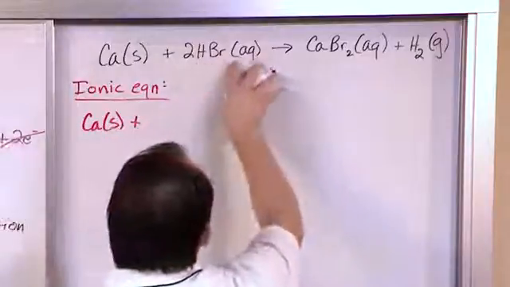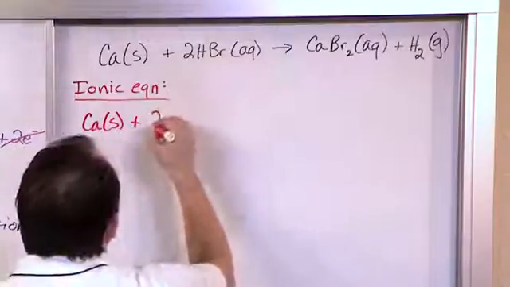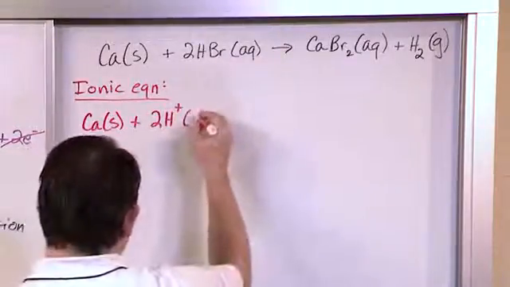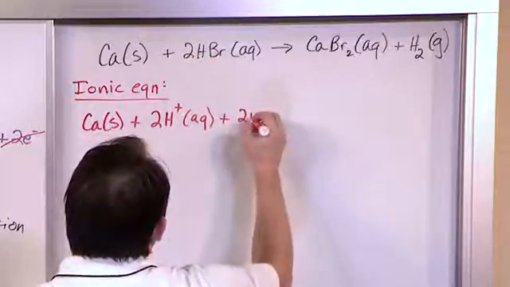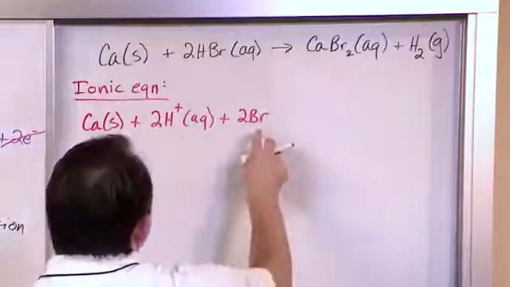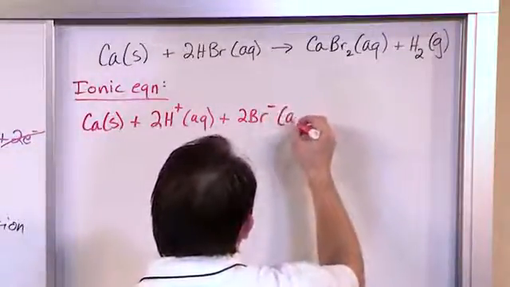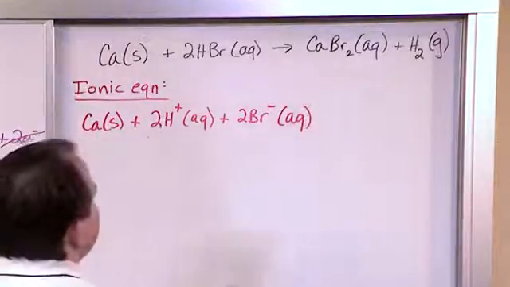But this HBr is an aqueous solution, and there's a 2 in front, so I need to carry that. Hydrogen always wants to have a plus charge, so I'll put this in aqueous solution. This 2 applies to the bromine. And bromine, if you look at the periodic table, is always going to want to have a negative charge. So that's the left-hand side of the equal sign.